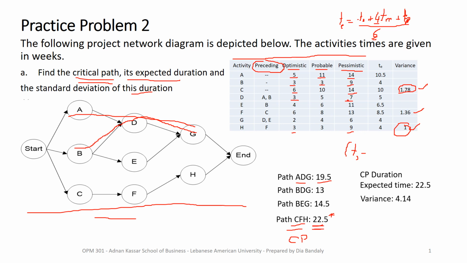The variance, how do I do the variance for the duration of the critical path? I simply sum up 1 and 1.36 and 1.78, and we get 4.14. But I want the standard deviation. The standard deviation is the square root of the variance. And here we go. So we're going to use this and that to answer the question about the probability to finish the project within a certain time.